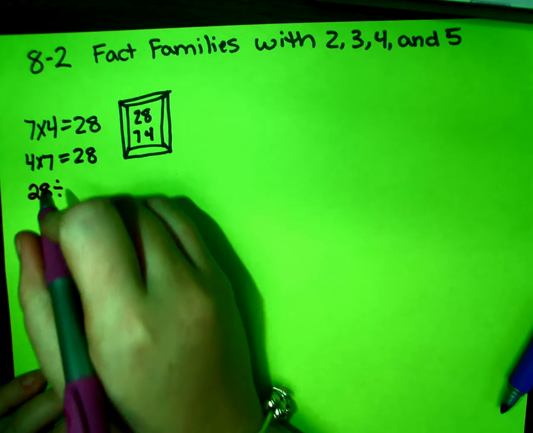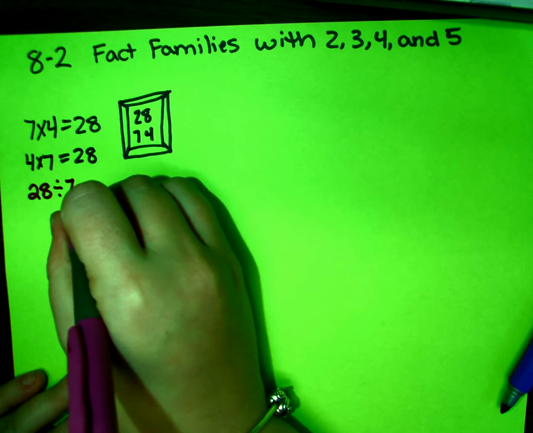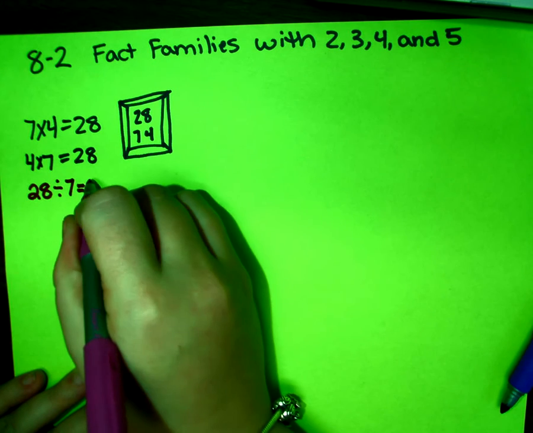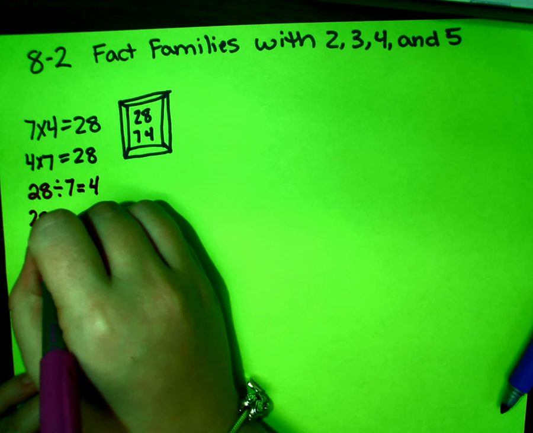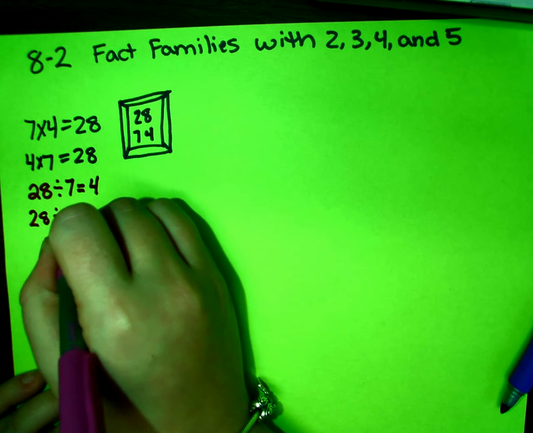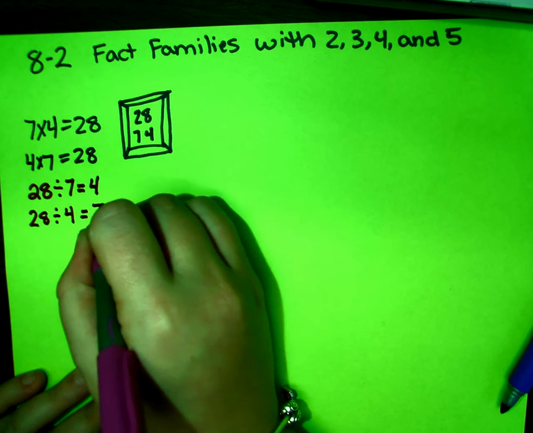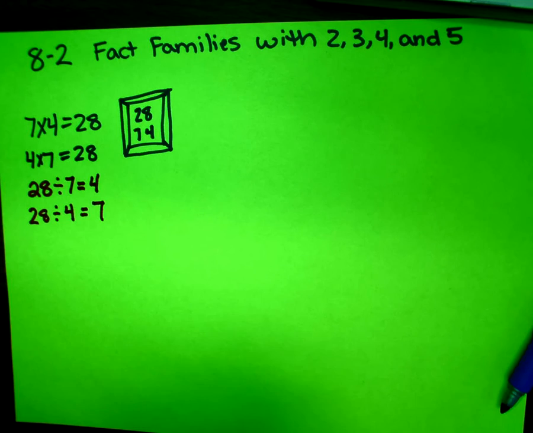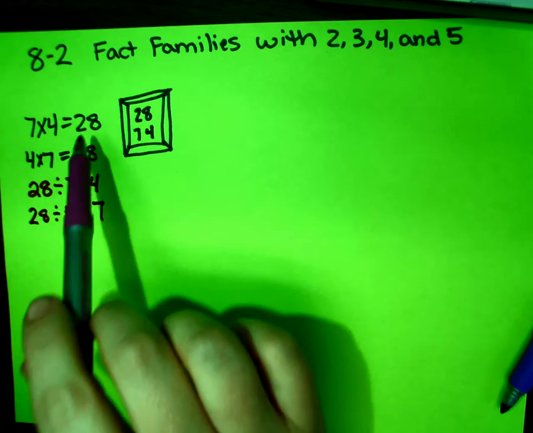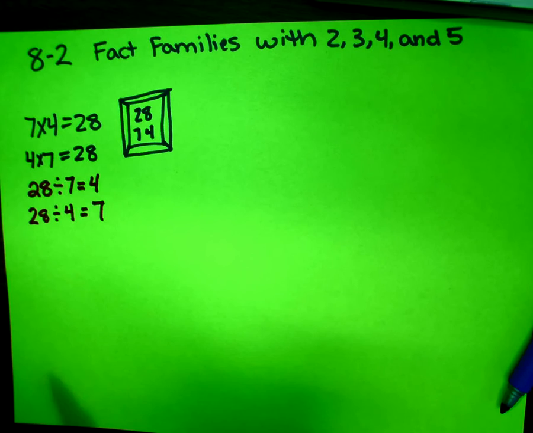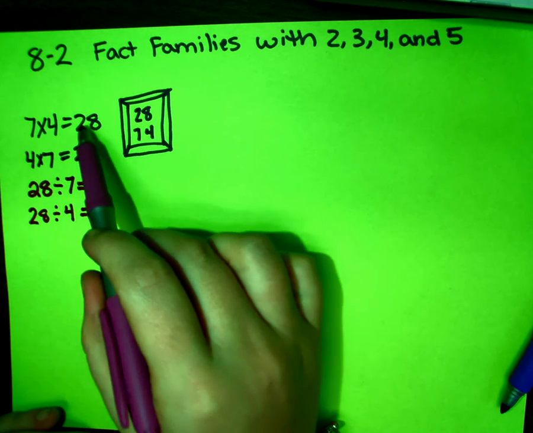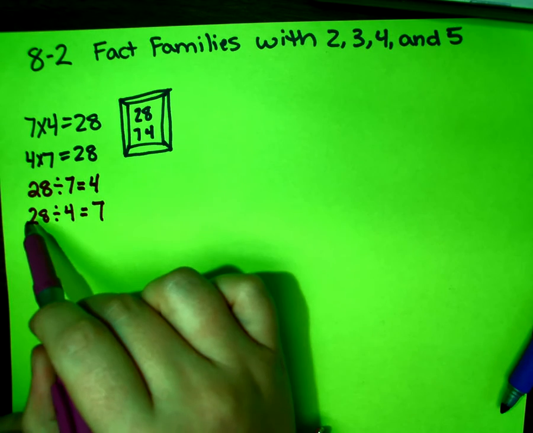And then one of the divisors could be 7, and that means the quotient would have to be 4. Or I can start with the dividend of 28 and have a divisor of 4, and my quotient would be 7. But no matter what, all of the facts are in the family because they all use 7, 4, and 28. You'll notice that the total here is the dividend here.